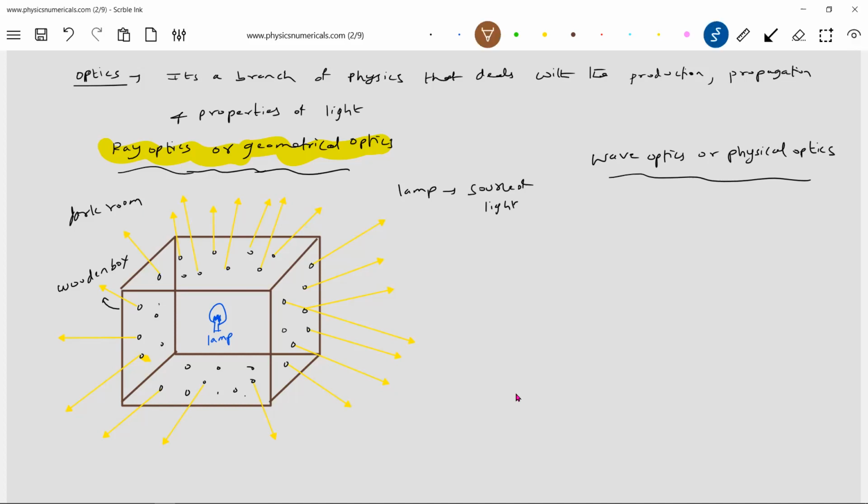So what should we call this? Light energy flowing radially outward, or light energy diverging from the source.